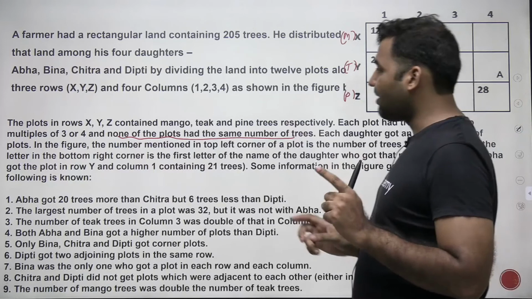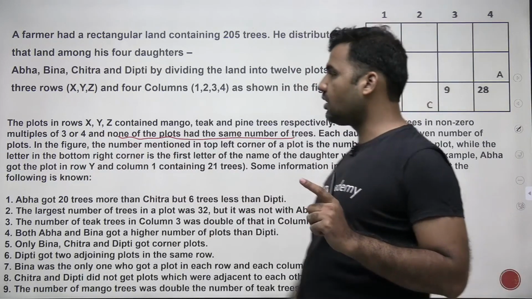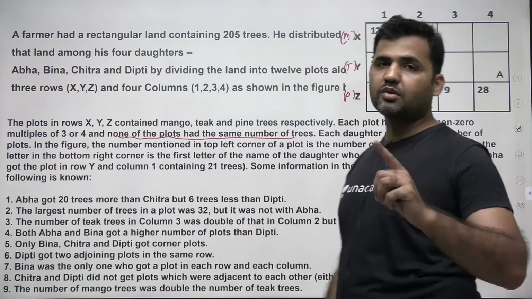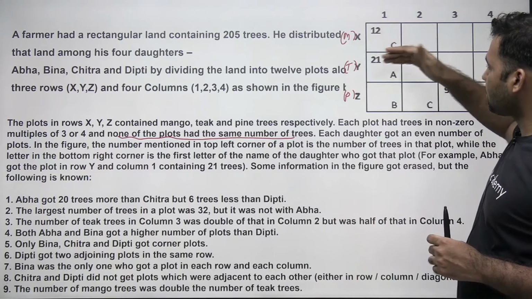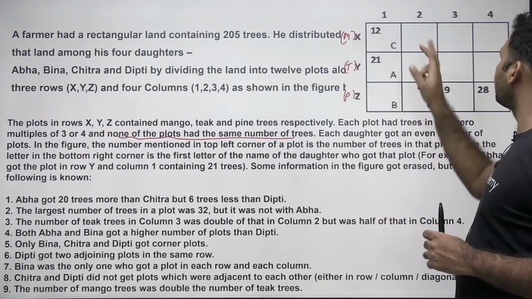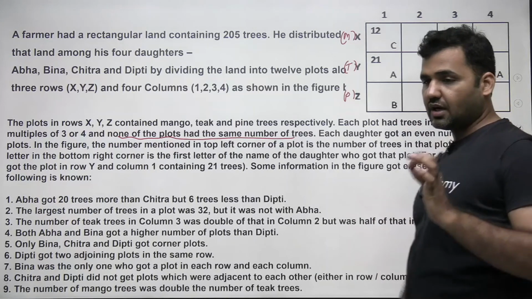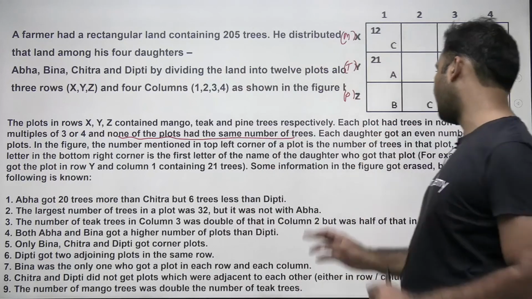Also, every number that should be coming in this whole plot must be a multiple of either 3 or 4. It should be a non-zero number. For example, here you can see that this number is a multiple of 3, this is also a multiple of 3, this number is a multiple of 4, this is 3. All the values that you're supposed to fill in over here are supposed to be multiples of 3, right? Or 4. Okay, now let's read further.